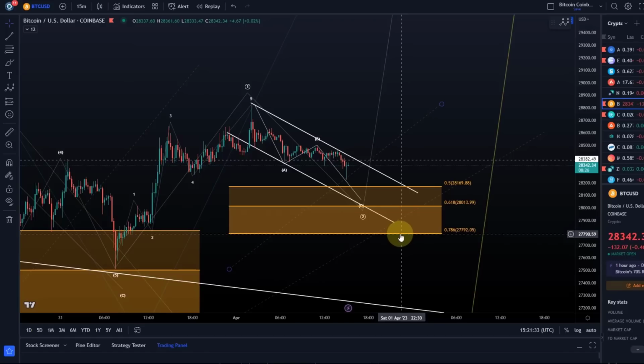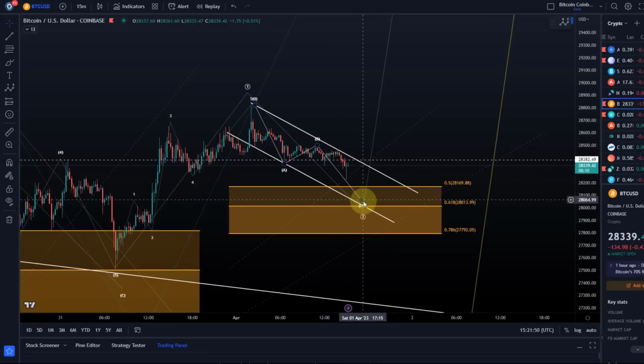Below that level, we need to adjust the count, but then we still have a few higher degree bullish scenarios that can provide support. But for now, watching if we can complete this correction in this corrective price channel.